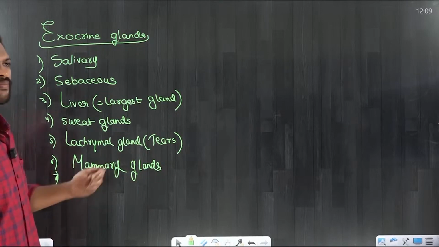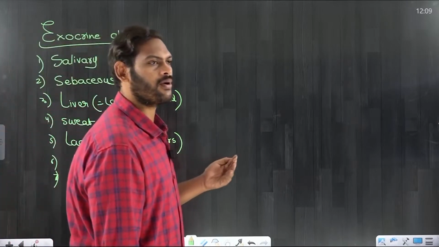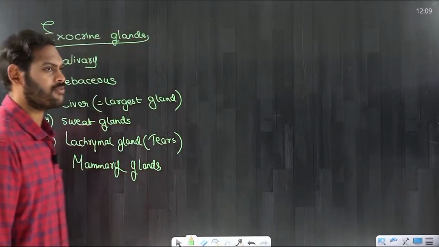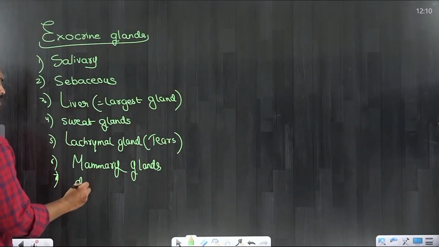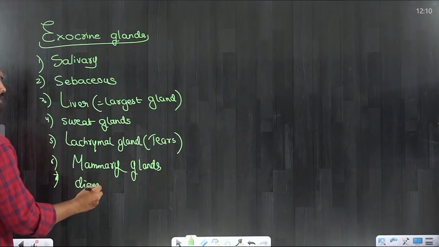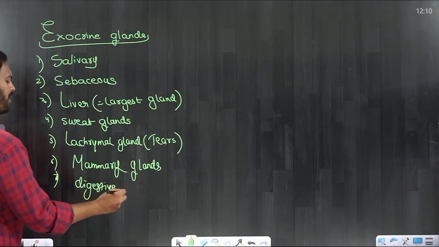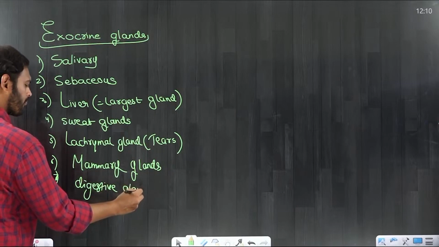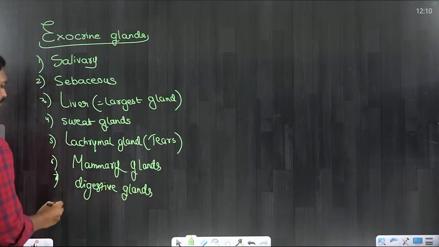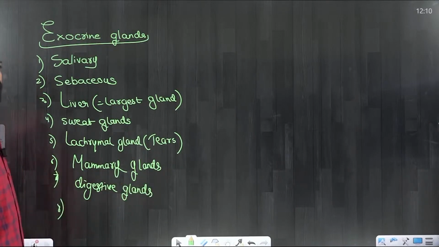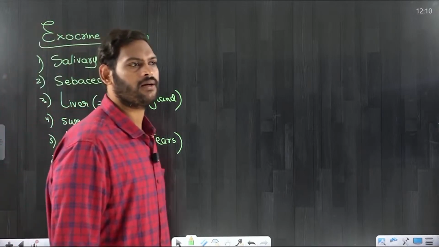Even more, come. Even more. Yes, digestive glands, very good. Gastric glands, intestinal glands, Brunner's gland, many examples for that. One more. Lacrimal done.